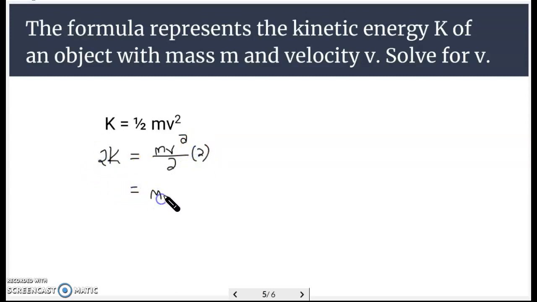Now we have mv squared equals 2k. Get rid of that m by dividing both sides by it. V squared is now equal to 2k divided by m.